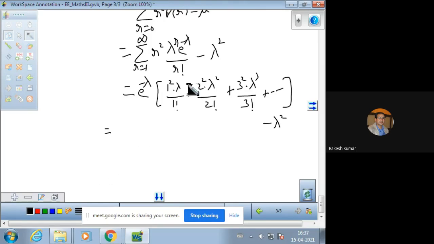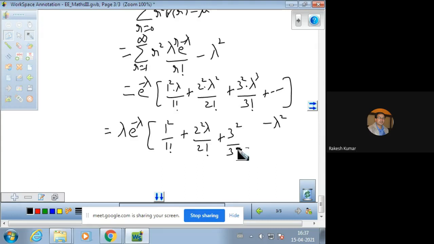So lambda from the bracket can be taken common.